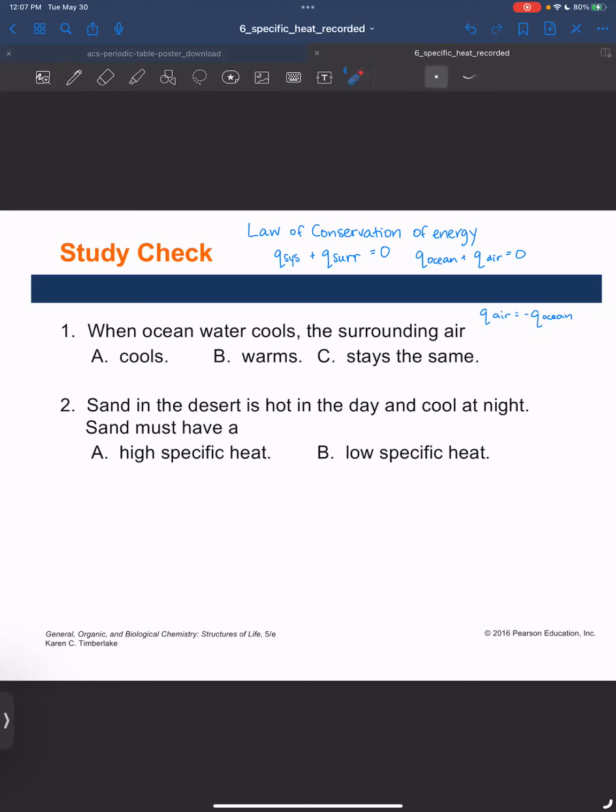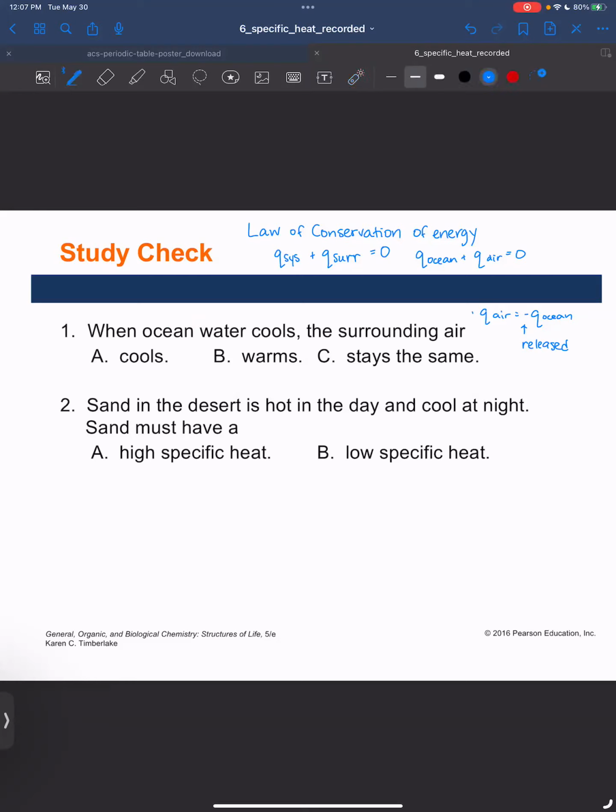So what that means is that the heat energy lost by the ocean is equal to the heat energy gained by the air. So when we discuss energy and you see positive and negative, negative means that energy is released. And if heat energy is released, a lot of times that means you're getting colder. So once again, the ocean's getting cooler, so it's releasing heat energy.